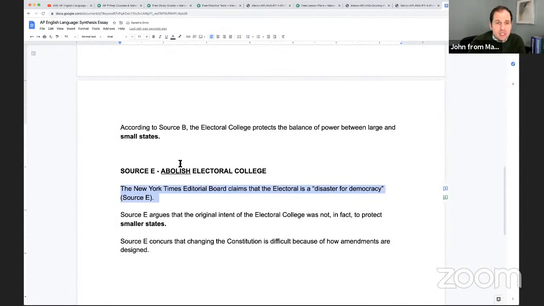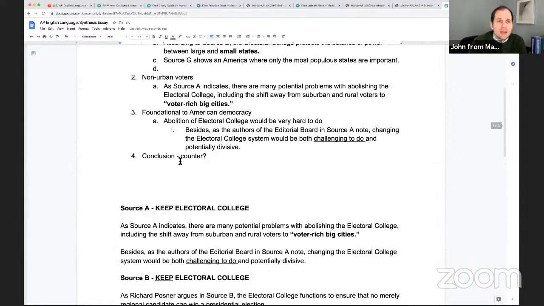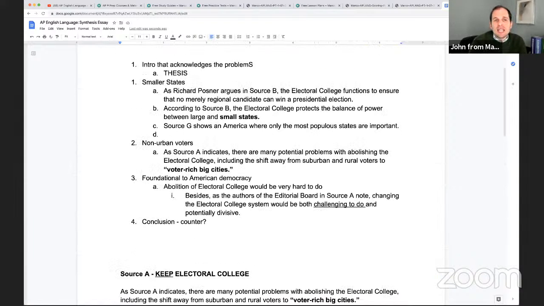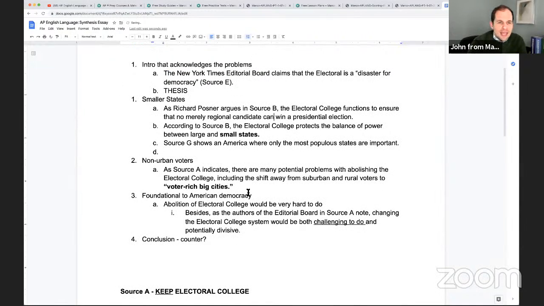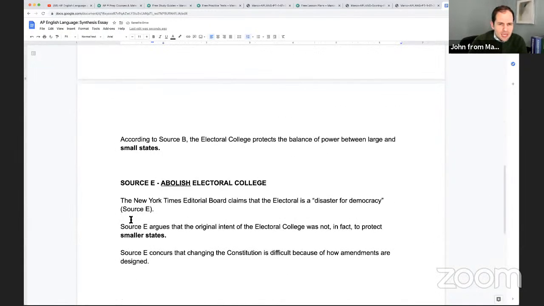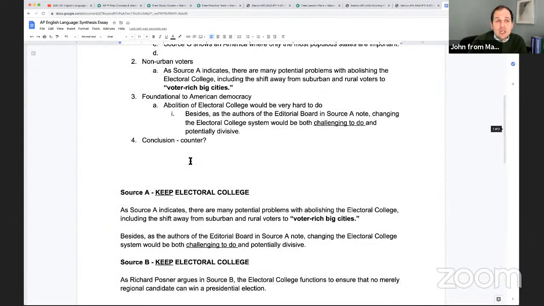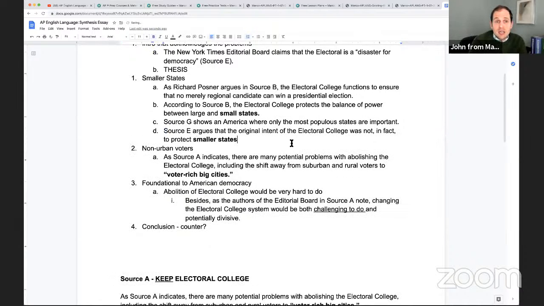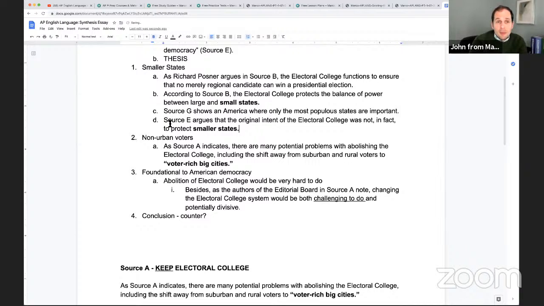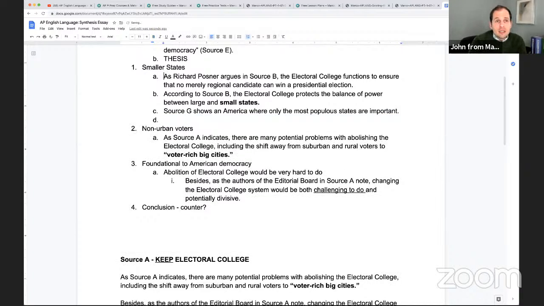Disaster for democracy. This is interesting. I could put that in my introduction. I like that. That's why I'm glad I saved a shiny quote, even though I didn't have an argument for it. All righty. Then I'm going to grab, let's see, was not to protect smaller states. So I need to acknowledge that it wasn't just to protect smaller states. And maybe I'll put that at the front of my paragraph.